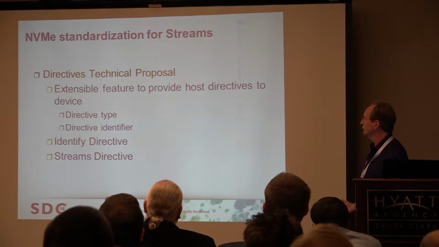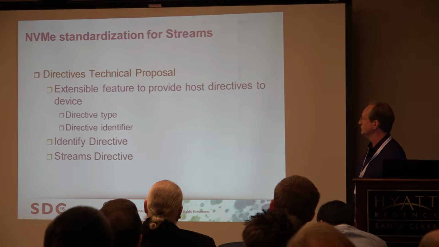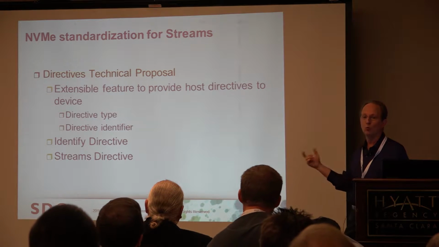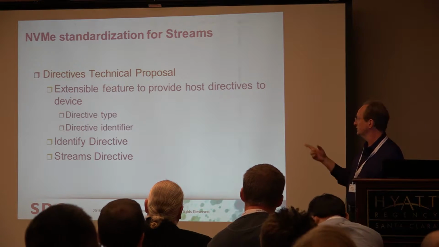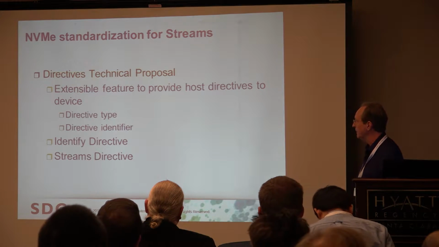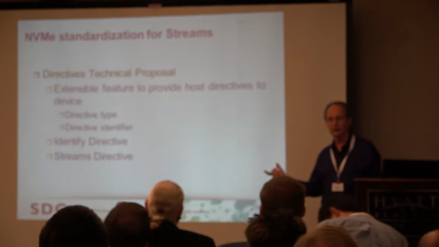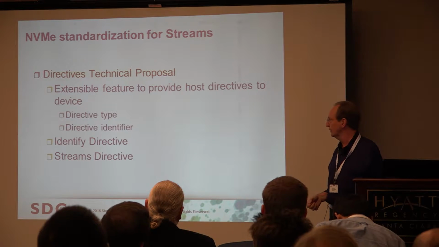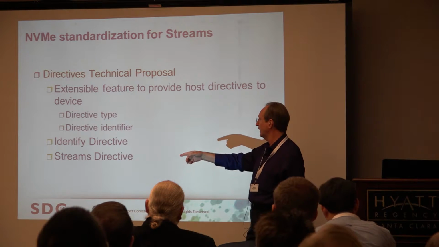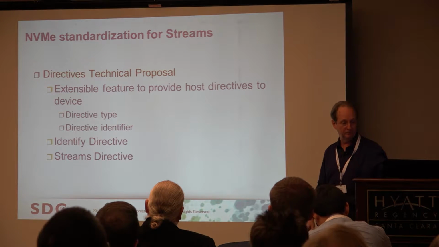It's extensible to provide host directives to the device. You have a directive type, of which streams is type 1. Type 0 is the identify directive type. And you have a directive identifier that may optionally be associated with that stream. So the first two directives that are being defined are the identify directive and the streams directive.